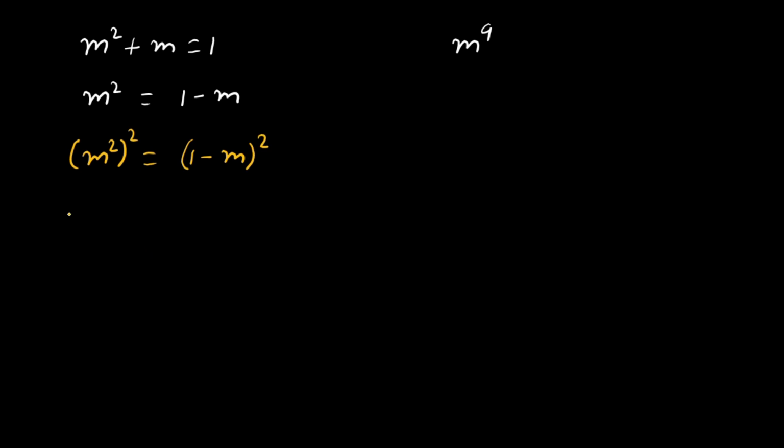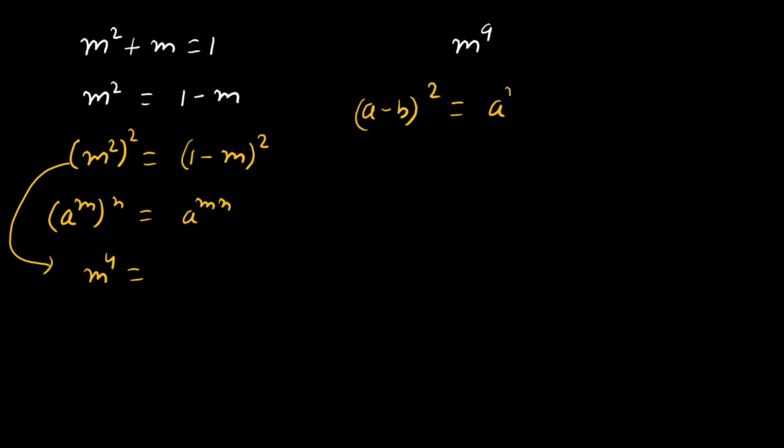Here m squared equals 1 minus m, and if we square both sides, then on the left hand side we will apply the base and exponent rule, (a power m) whole power n equals a power m times n. Applying this rule, m power 4 equals (1 minus m) whole squared. We will apply (a minus b) whole squared equals a squared plus b squared minus 2ab.